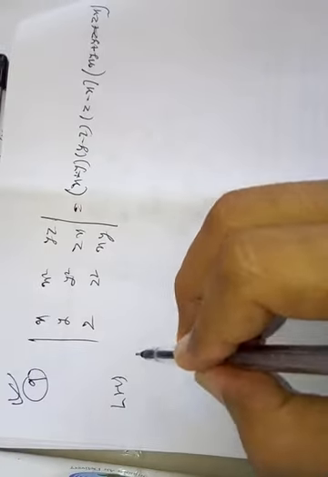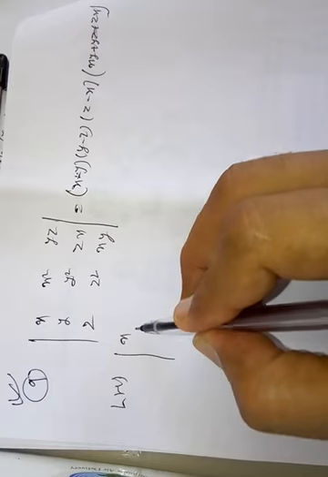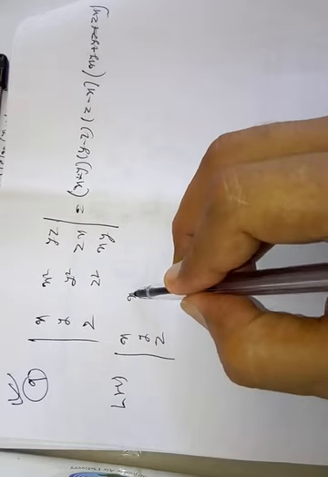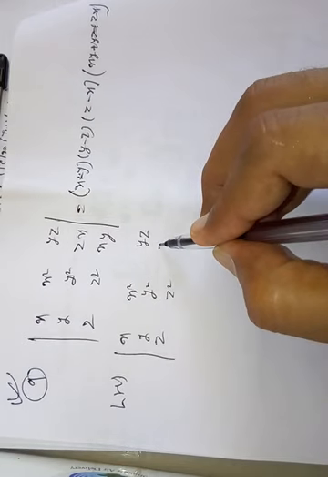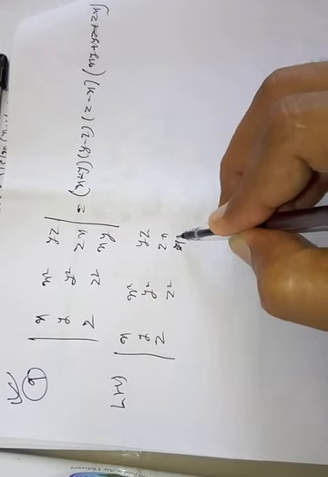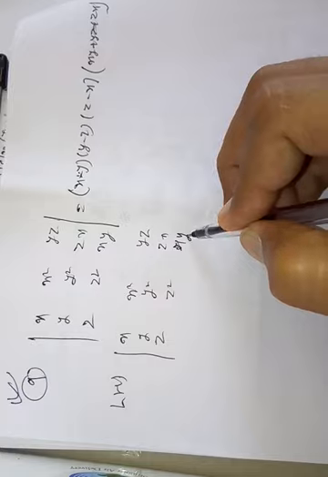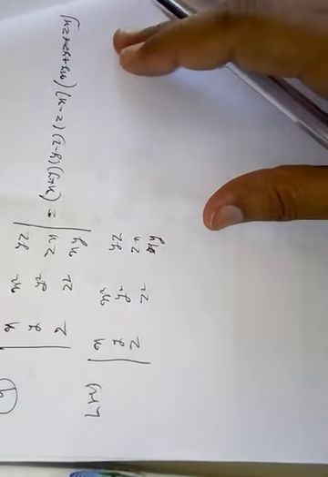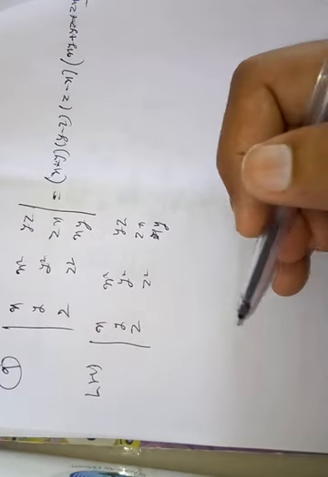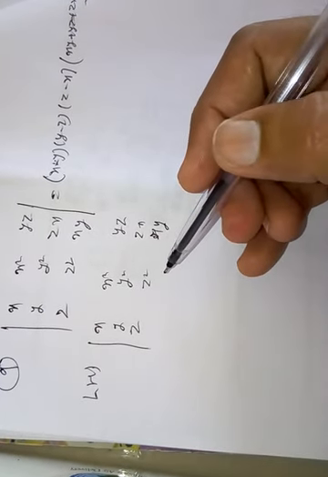Taking LHS, the determinant with rows x, y, z; x square, y square, z square; yz, zx, and xy. Using R1, this is a different type of question. Multiply and change into square form.